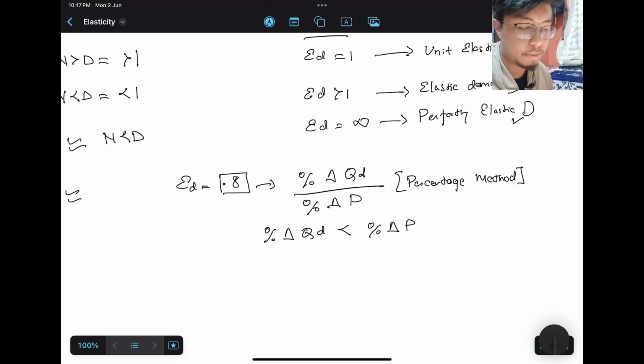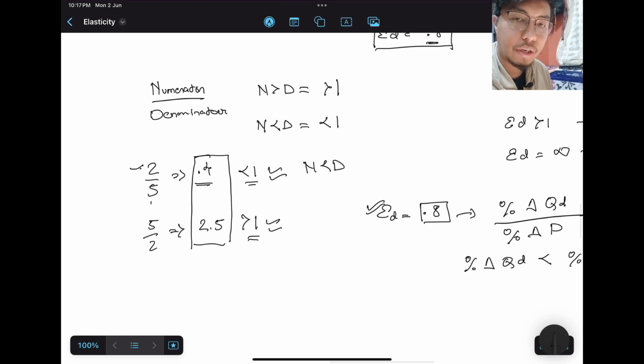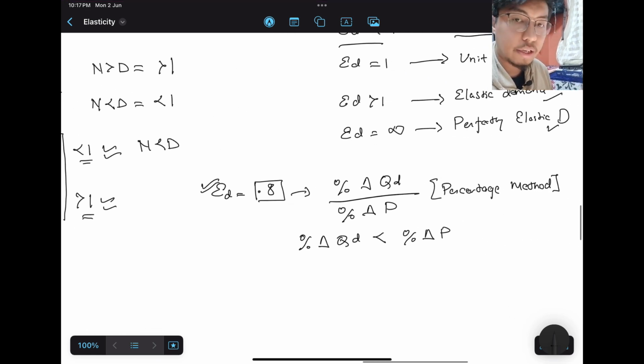Okay, again, let me repeat. See, the value of ED that has come is 0.8. Okay, now when we are talking about this fraction, why does a fraction produce less than 1 quotient? It is when your numerator is less than your denominator. Okay, so here the numerator is percentage change in quantity demanded.